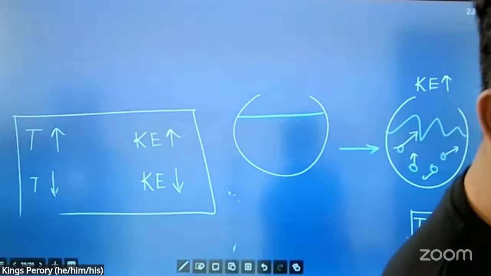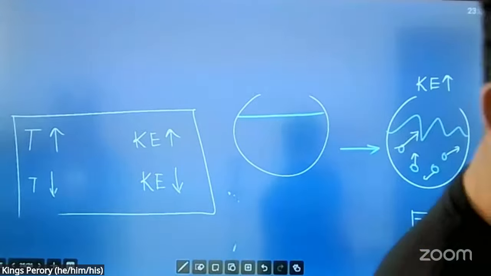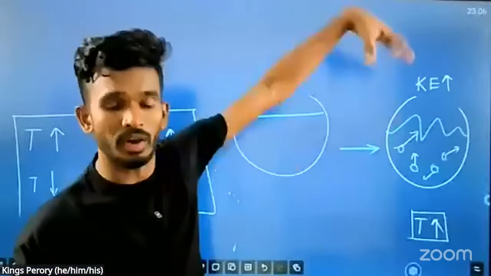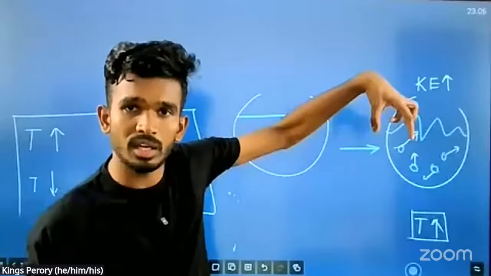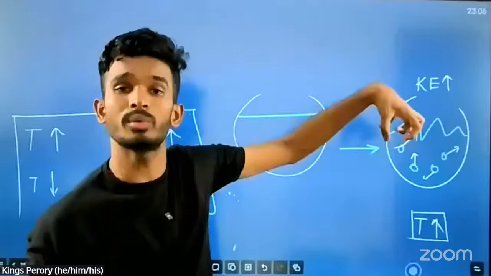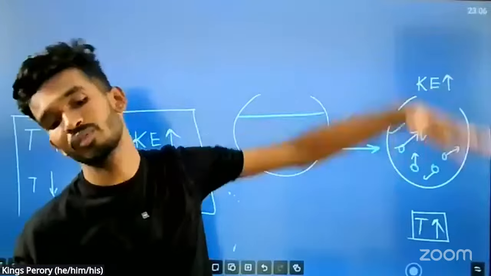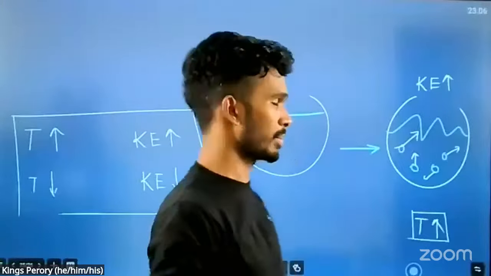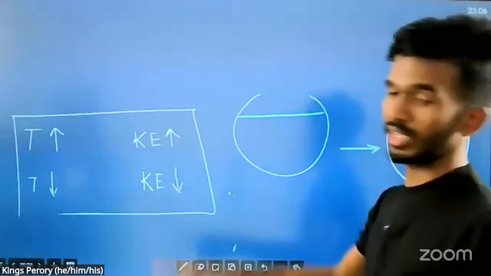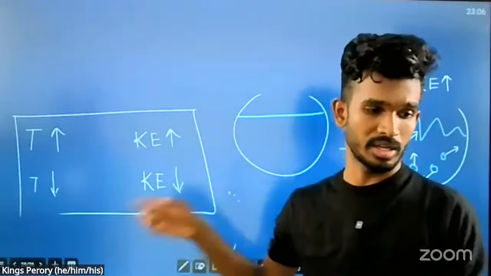When kinetic energy of the particles increases, can the particles be calm and quiet? No. They will be randomly moving here and there. So remember, when temperature increases, kinetic energy increases. When temperature decreases, kinetic energy decreases.